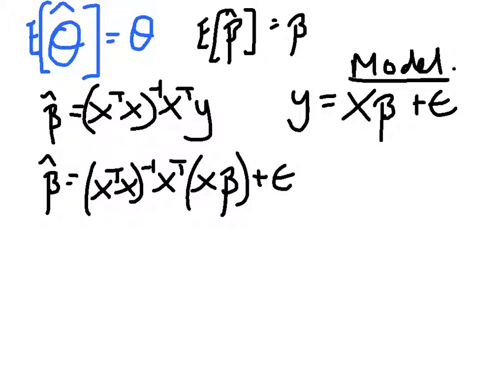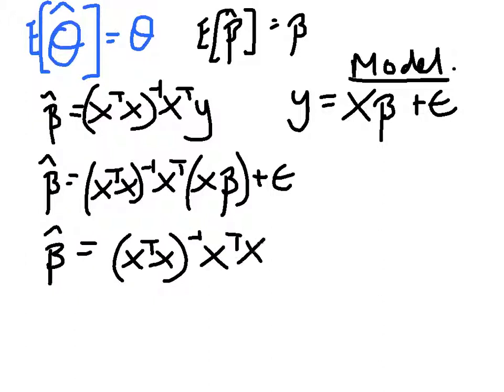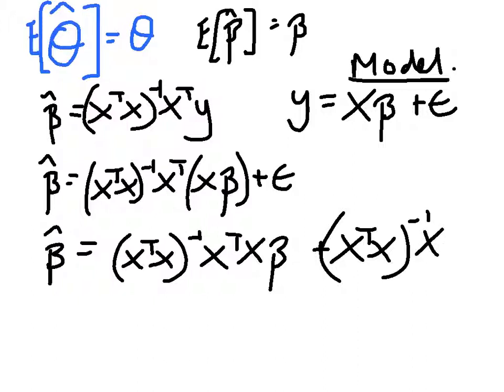That's an expression that looks quite nice to factorize, so we'll factorize that down. Beta hat is equal to (X^T X) inverse X^T X beta plus (X^T X) inverse X^T of epsilon.